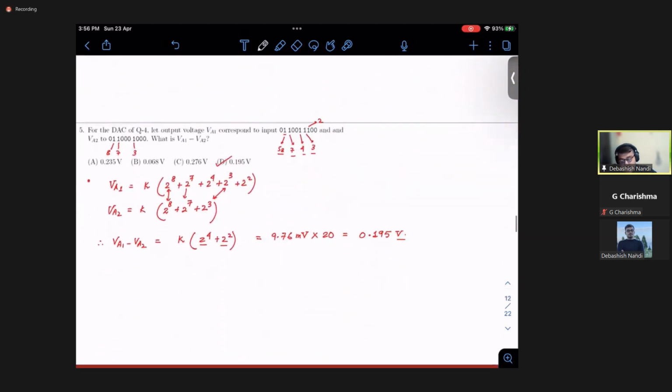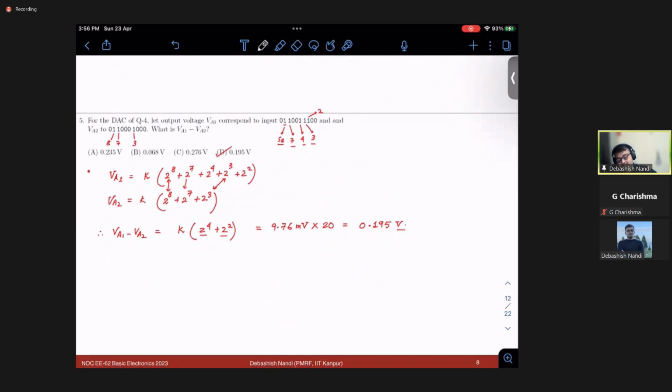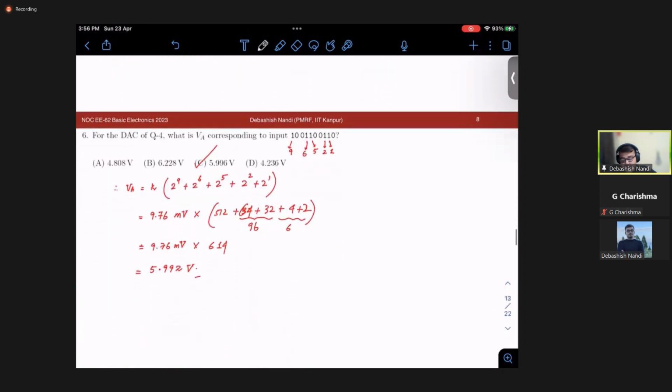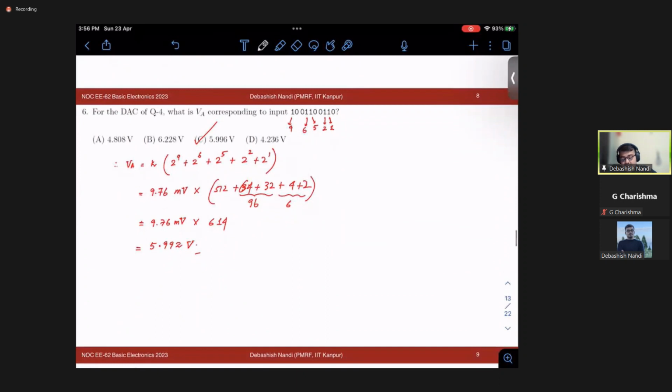Then for the next problem, again the DAC inputs are given, and for two inputs we need to find the difference. We already knew the K value from the last problem. So we calculated this, and then for a particular combination of inputs we found the output analog voltage.